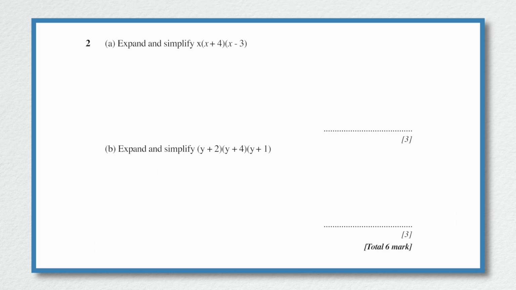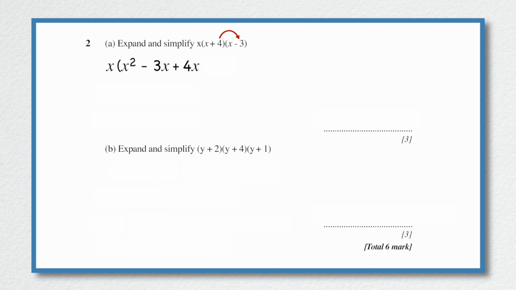I'll begin with x open brackets. Now we're going to expand x add 4 multiplied by x subtract 3. That's x multiplied by x, which is x squared. Then we have x multiplied by minus 3, which is minus 3x. 4 multiplied by x, which is equal to 4x.